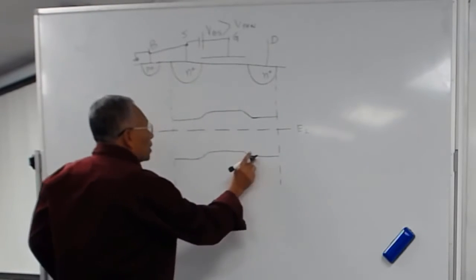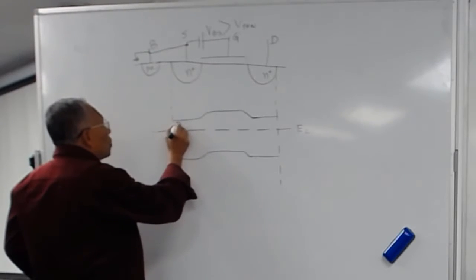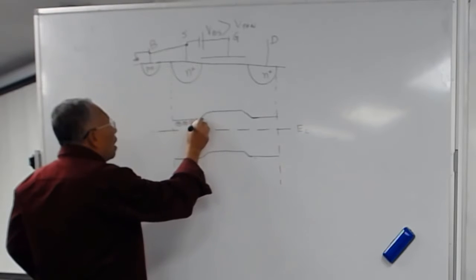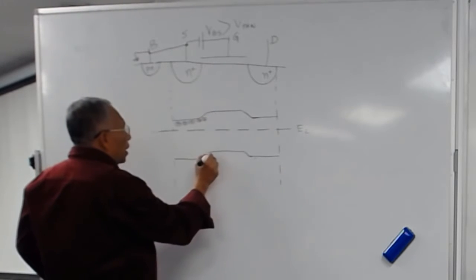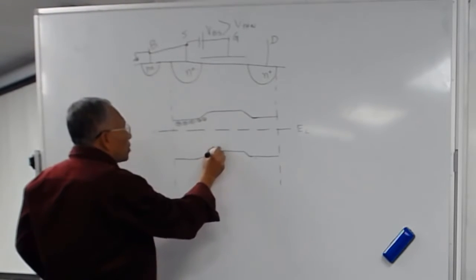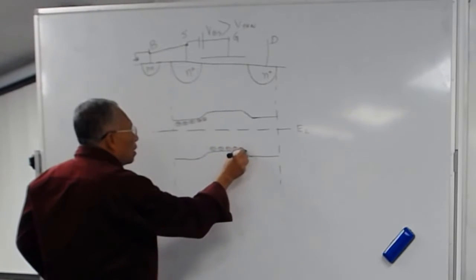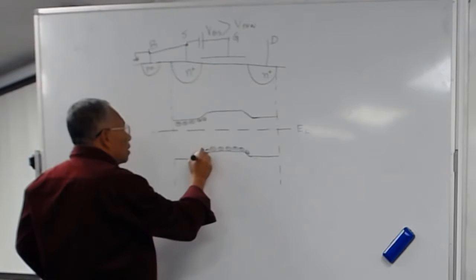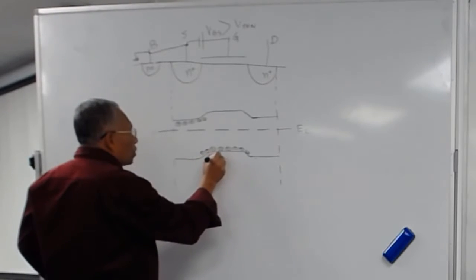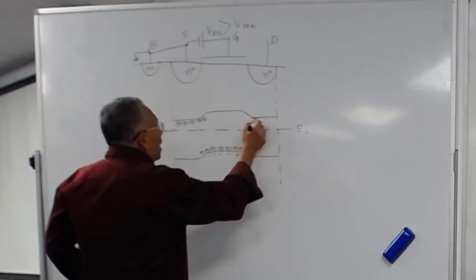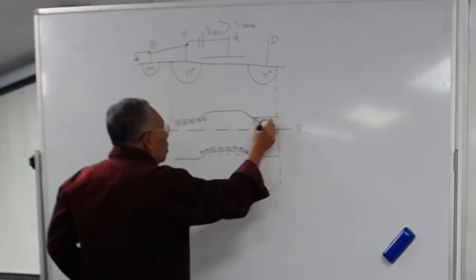So now you will have again those ions here, and then you will have your negative ions here. And you will have some holes here. And then you have a lot of electrons here, because the barrier has been reduced, the electrons can flow.